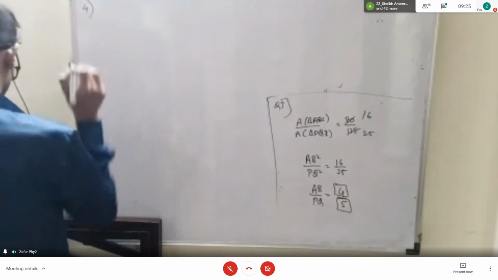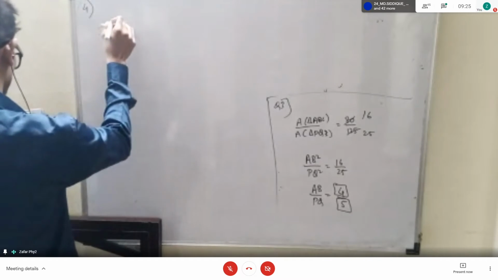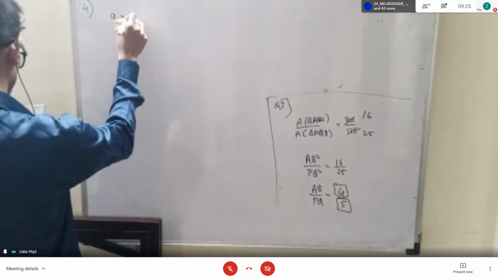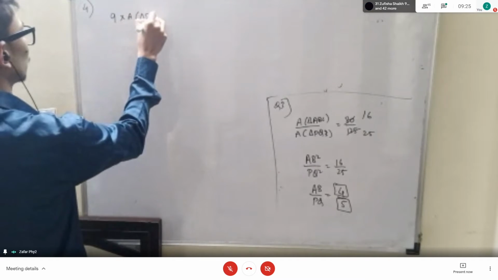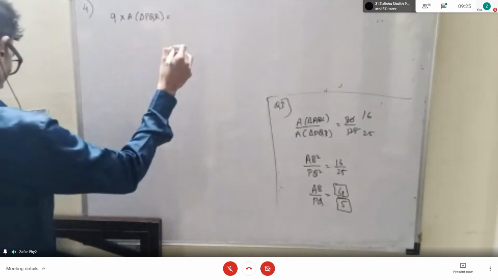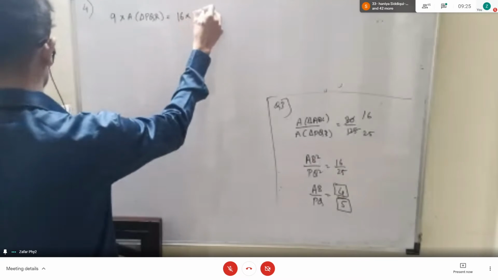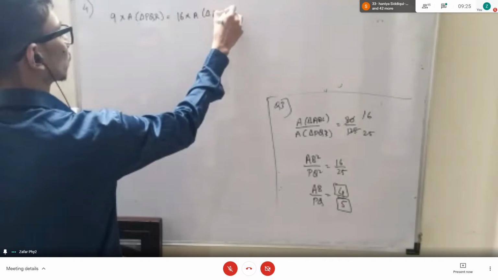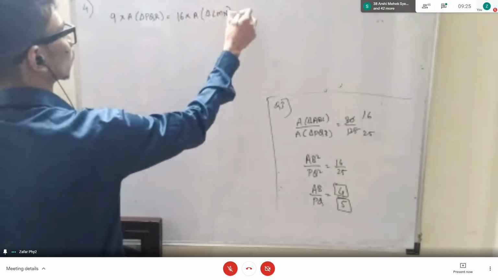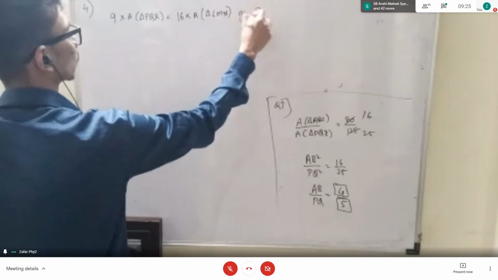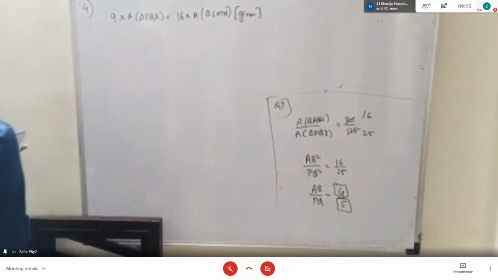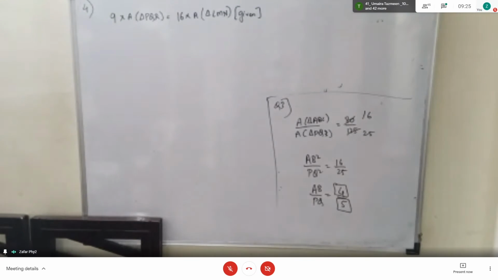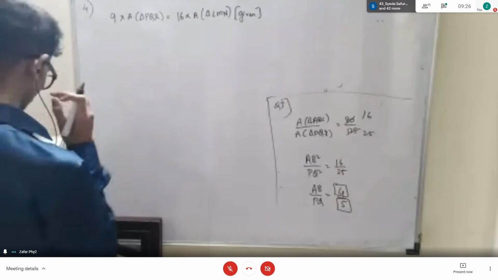Till that I will write the next question. Condition: 9 into area of triangle PQR is equal to 16. This is given to us. Sir, we can do question number 7 in the textbook. Yes, do 4 now. Okay.